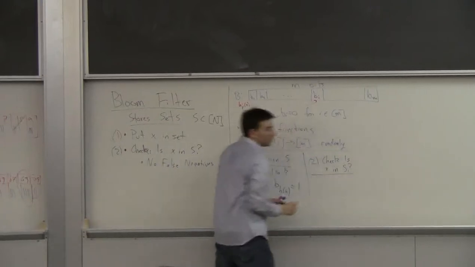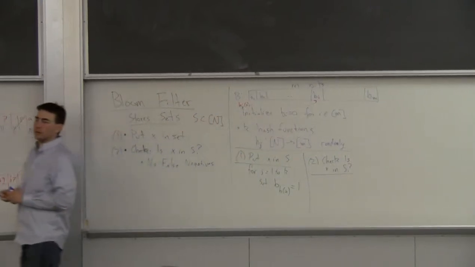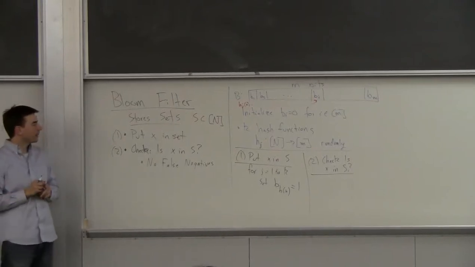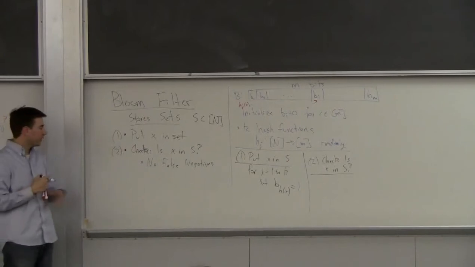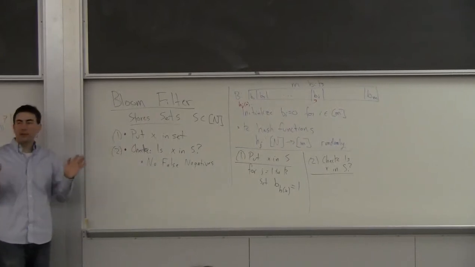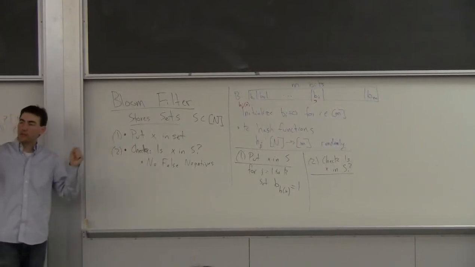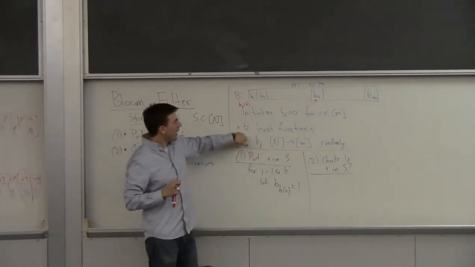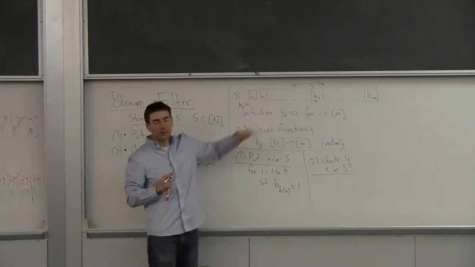So how do I do this? Check if all of the bits that x maps to have 1. Yeah, so I want to check all of the hash functions again. Every time it's in the set, I definitely want to say yes, it's in the set. And I know if it's in the set, then all of the hash functions are set to 1. Right?